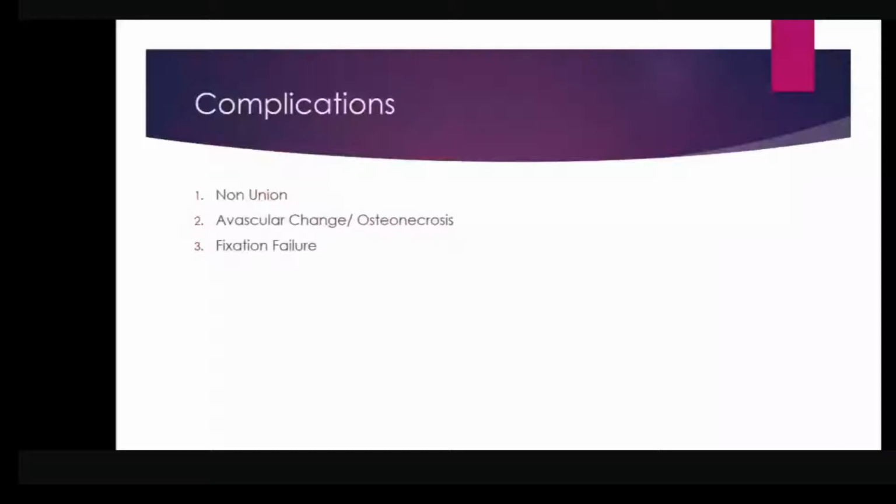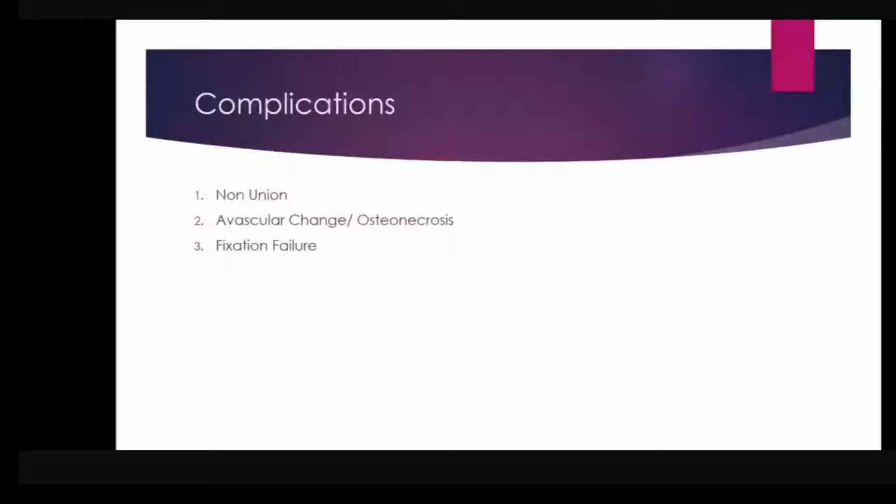The profunda femoris artery gives the lateral and medial branches, which form the retinacular group of vessels, and then it pierces the capsule to form an anastomosis around the femoral neck, also known as the circle of Chong, and this gives supply to the femoral head.